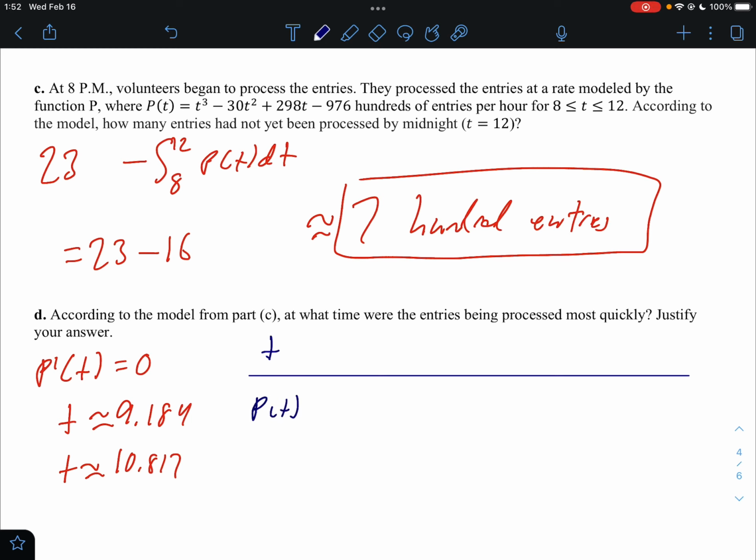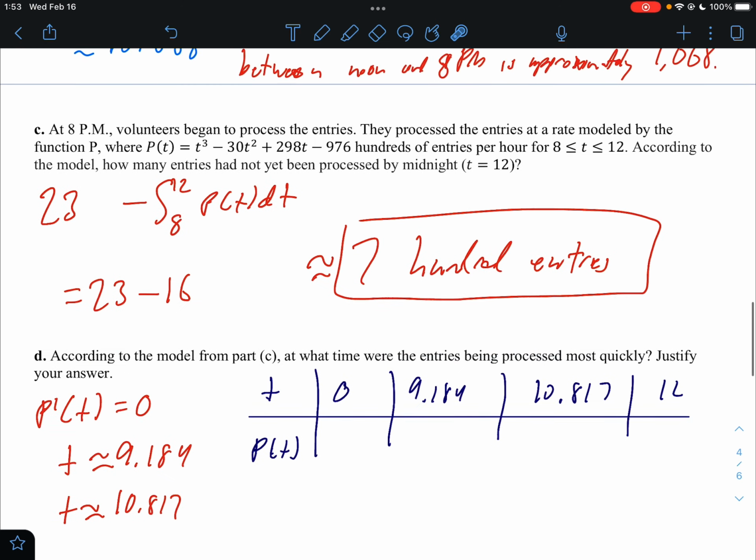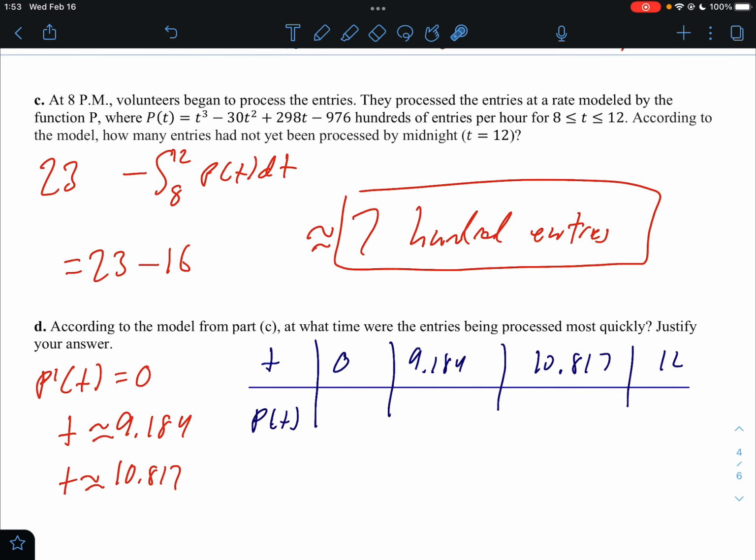All right, so now we can make a table for T and P of T. Remember, it could be an endpoint, or it also could be at one of the two critical numbers. So then all you're going to do is take these numbers one at a time and put them in P of T. Oops, the endpoint's not 0, the endpoint is 8.